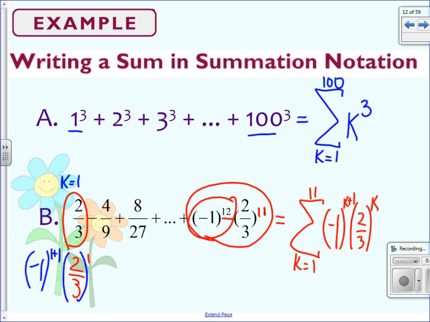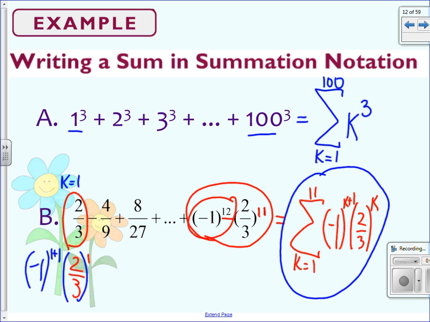So that's -1 squared times 2/3, and I get 2/3. So my very first term works, which is great. So this is my sigma notation for that sum. So that is how you handle sigma notation.